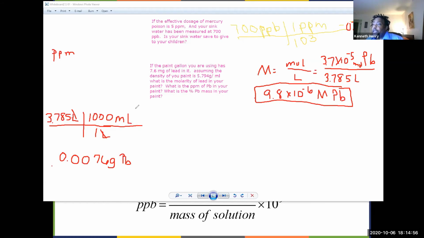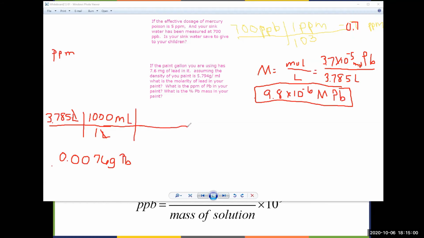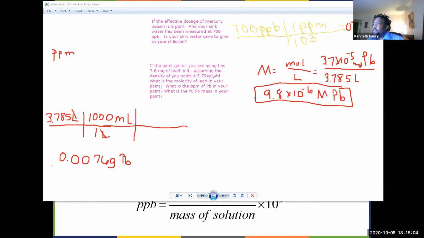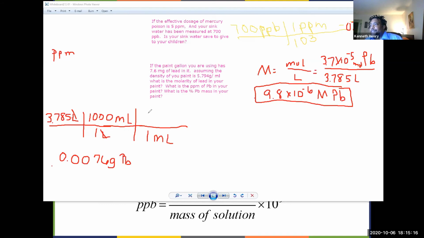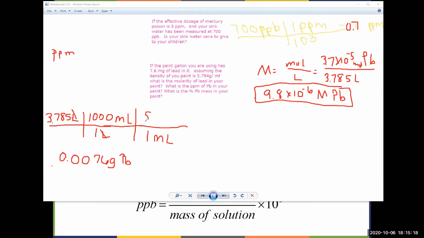Okay, so then what do I do? Multiply it by the density. I multiply by the density because the density gives me grams per milliliter. So if I pay attention to my units, piece of cake. So what's on the bottom? 1 mL. And then what's on top? 5.794 grams.